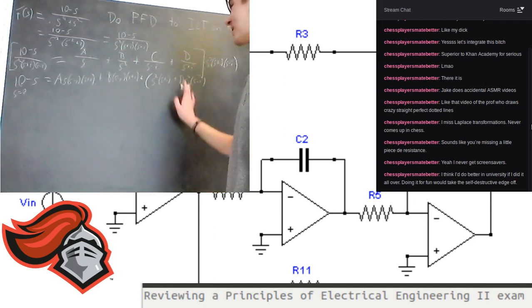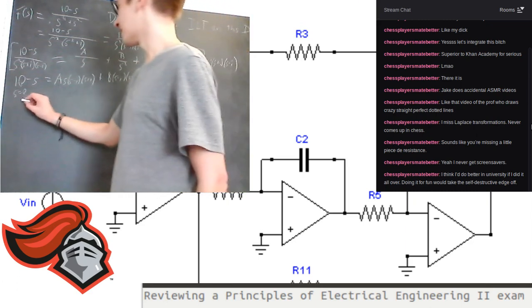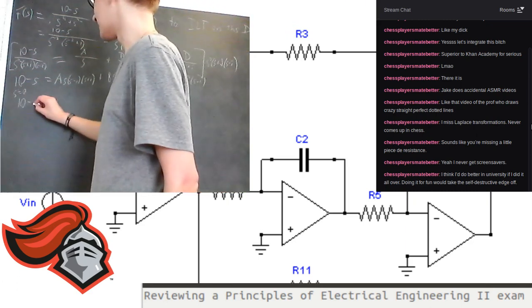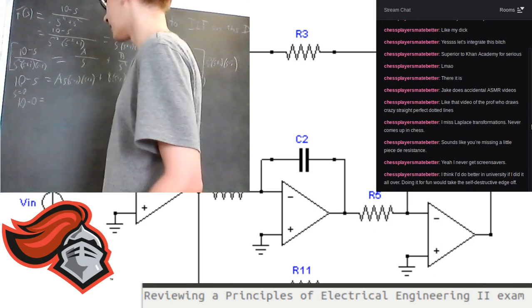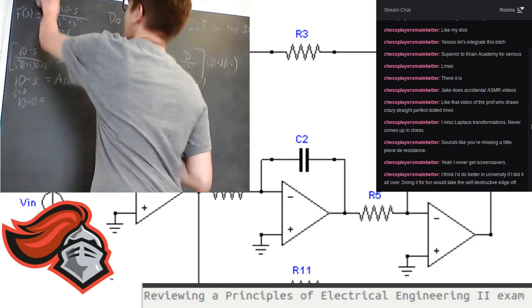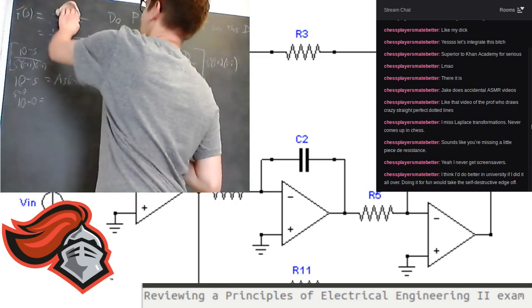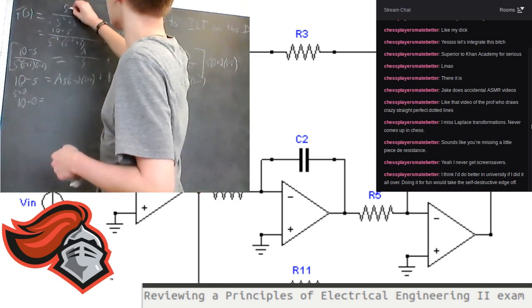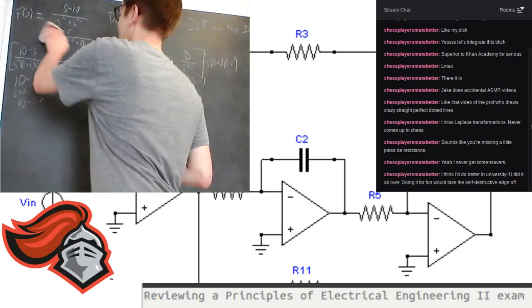So then you're left with 10 minus 0 equals... oh, you know what error I'm making here? I think it was actually s minus 10 this entire time.